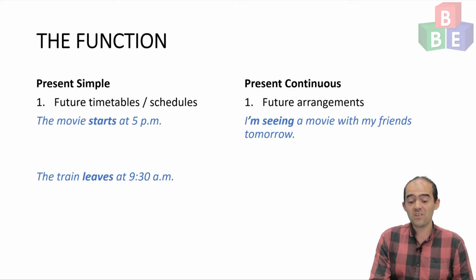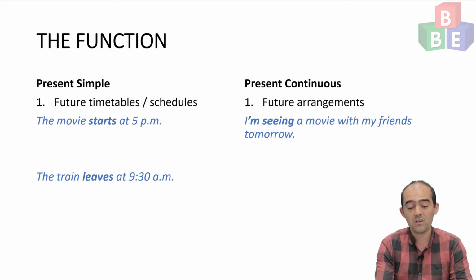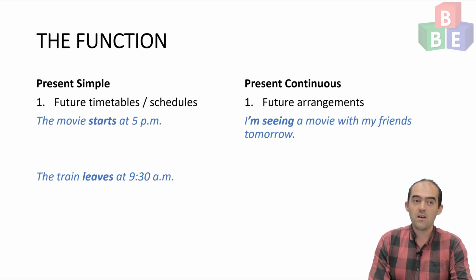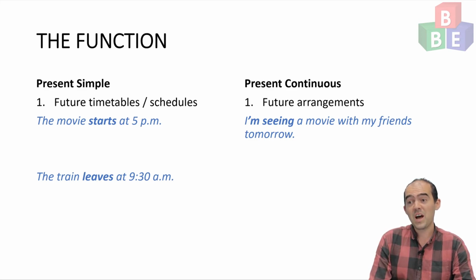I'm using the present continuous to talk about the future, tomorrow, but it's involving other people, my friends. In order to have an arrangement, first, I need to have spoken with my friends and agreed to do that. So an arrangement always involves another person or organization.